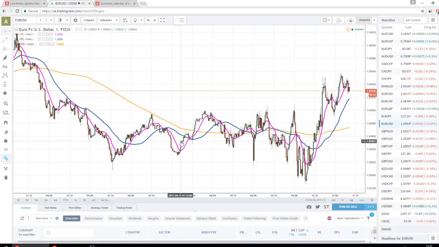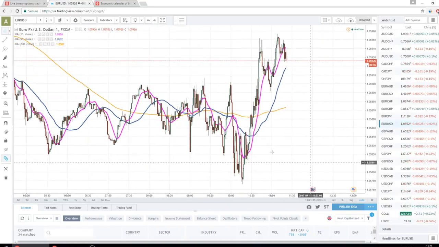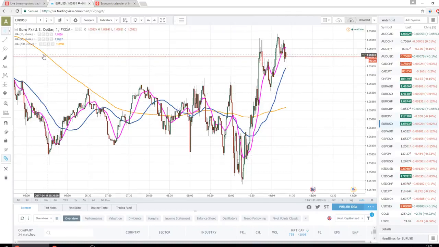So here the period can be pretty different, and I believe it's only up to the trader to decide which period is more suitable, which period is more exact.